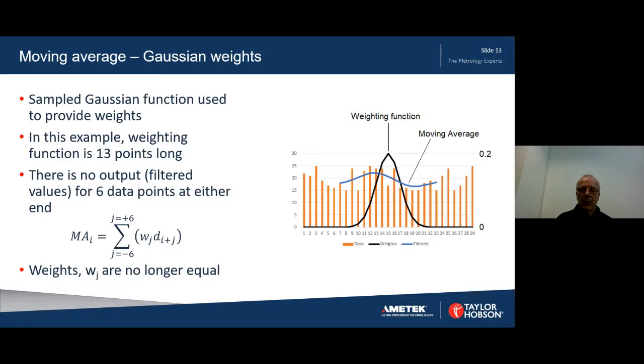In the example shown, I've chosen to make the weighting function 13 points in length, simply because the shape of the Gaussian starts to become clearer. If I had only used 5 points, the approximation to the Gaussian would have looked almost triangular. Note that the run-up is 6 data points, again approximately half of the width of the weighting function. 6 points are lost at each end of the data set.